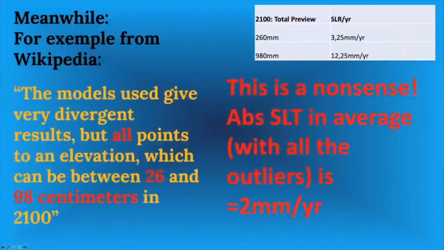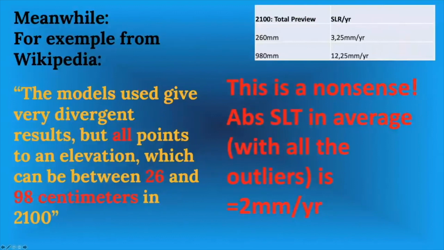But when you go to the media, and I'm going to use the data of Wikipedia because it's a place where everyone goes, they say that by the end of this century, we could have a rising sea level of 26 centimeters or 98 centimeters.